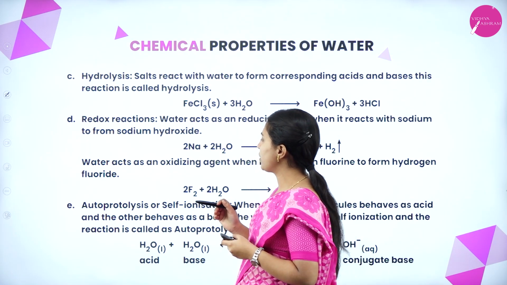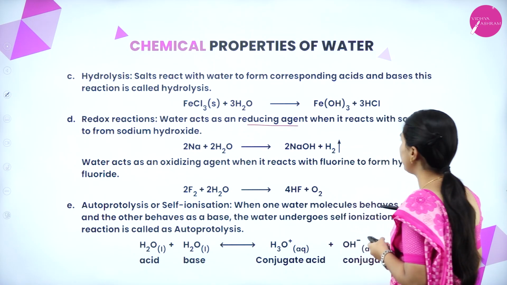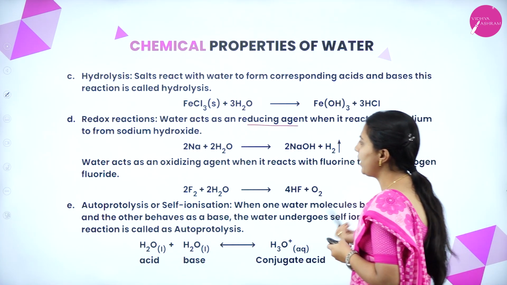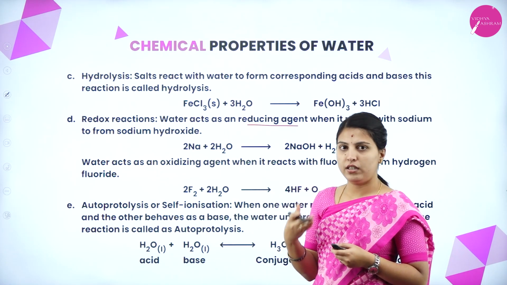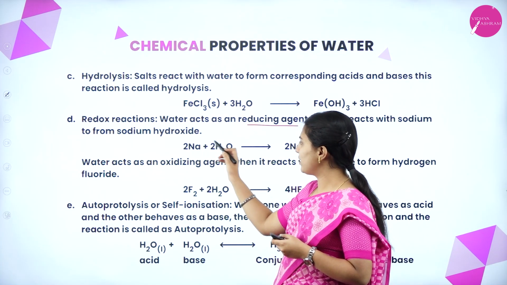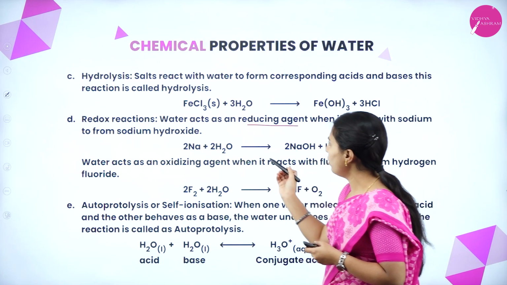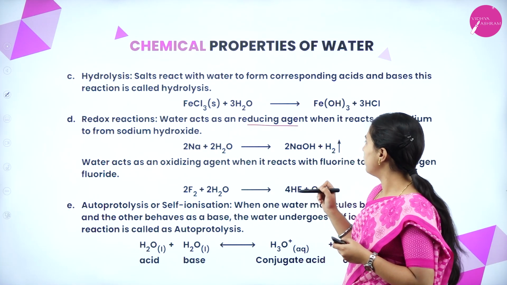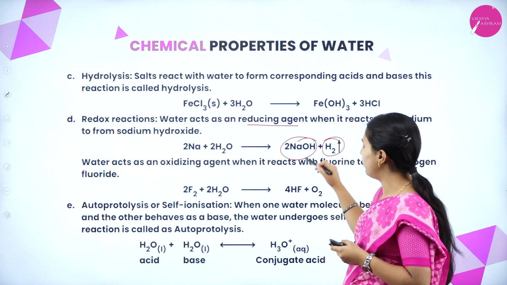Next, redox reaction. Water acts as a reducing agent when it reacts with sodium to form sodium hydroxide. Sodium, we know, catches fire in the presence of oxygen. So when sodium is treated with water, water will act as a reducing agent. So this sodium will form sodium hydroxide and H2 gas will be liberated.